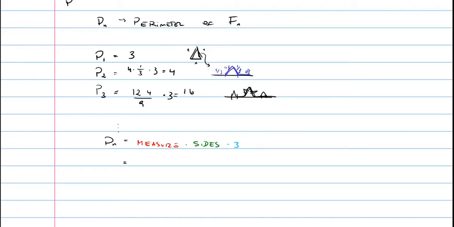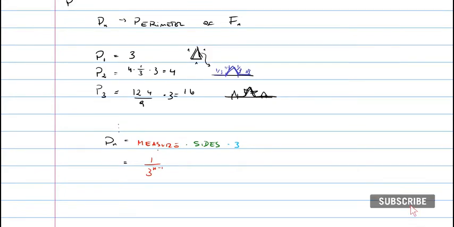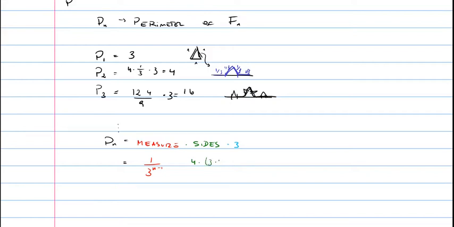Now the measure of the sides is 1 in P1, 1 over 3 in P2, 1 over 9 in P3, and it will be 1 over 3 to the n minus 1 in P sub n. The number of sides will be 4, this is the number of sides we make for each side, times 3 times 4 to the n minus 2.